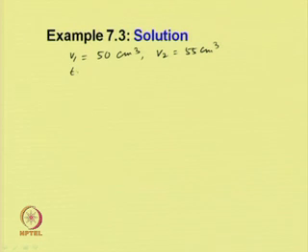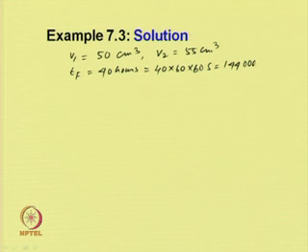Tf, total time, which is 40 hours, is 40 into 60 into 60 seconds. So, it will be 14400 seconds. Alpha, cell constant, is given 0.3 centimeter minus 2.